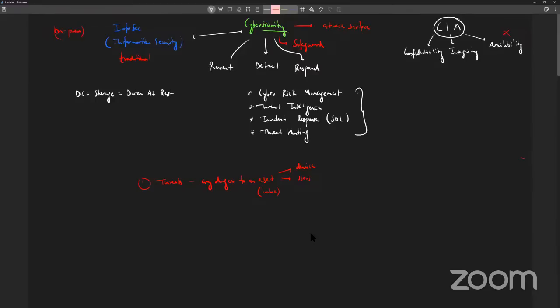And if someone is able to compromise or do something bad against an asset, that's what we call a threat being realized.